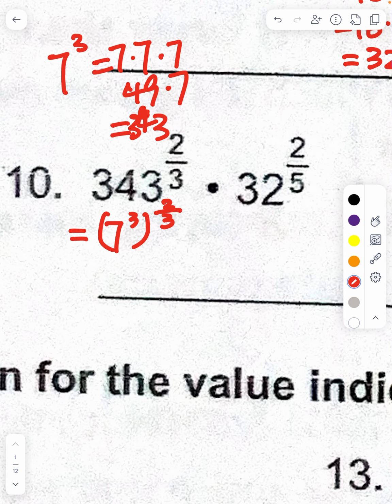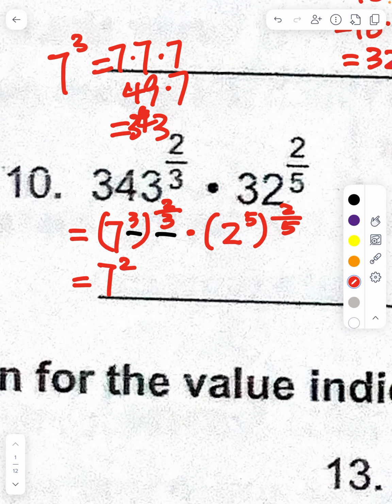Okay. And then 32, I can change it to 2 raised to the 5th power, right? And then I can multiply those two powers together.